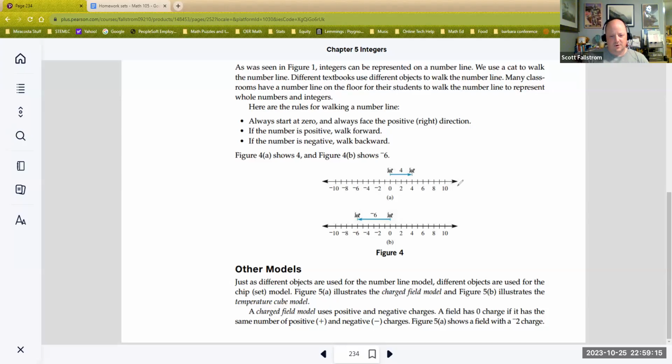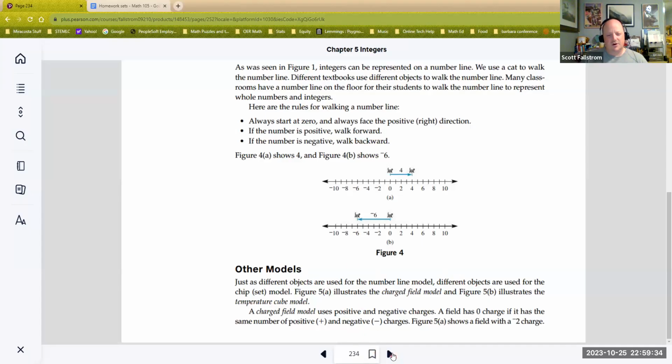So when you think about addition, you keep going in the same direction and continue with that same idea. If the number I'm adding is positive, walk forward. If the number is negative, walk backwards. And again, no big issues with that.